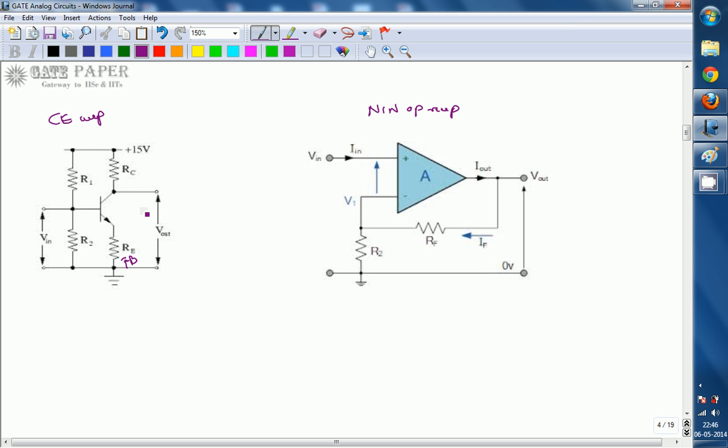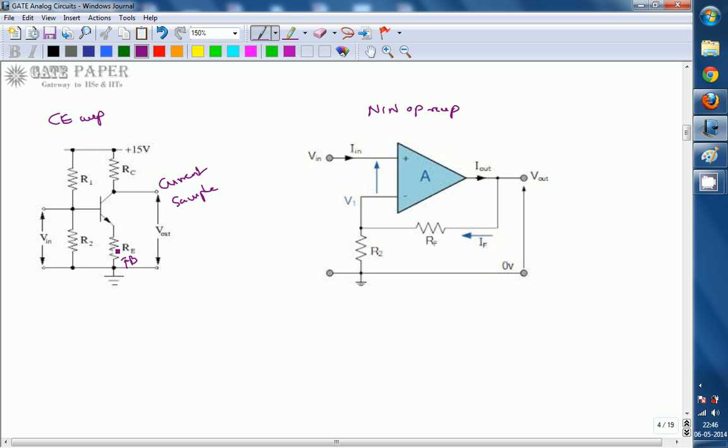So it is not voltage sample, it is current sample, because output and feedback are not at the same node, and here the voltage across the feedback element is going to be a part of the output.